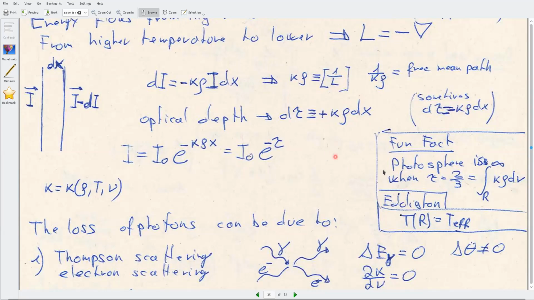And fun fact, the location of the photosphere in a star is defined when this optical depth is 2/3, looking from outside from our point of view. So when the optical depth looking inside reaches 2/3, that is the radius of the star.